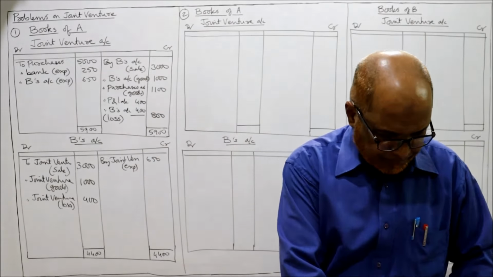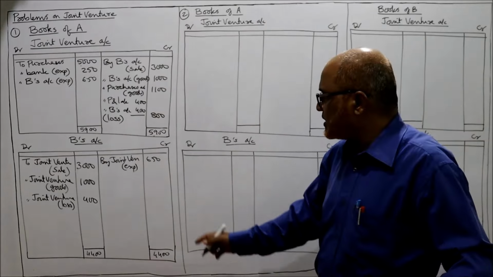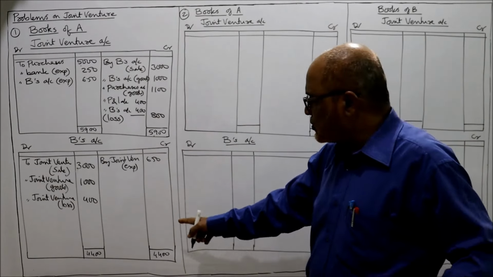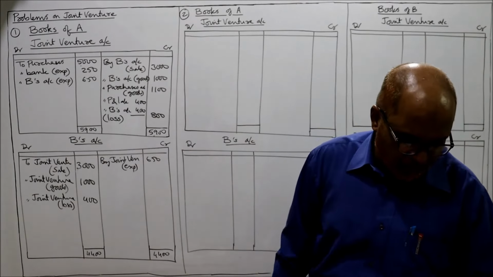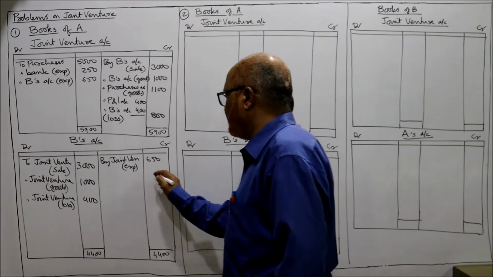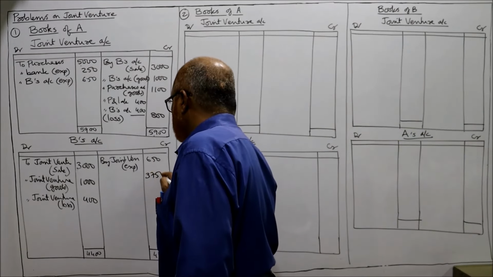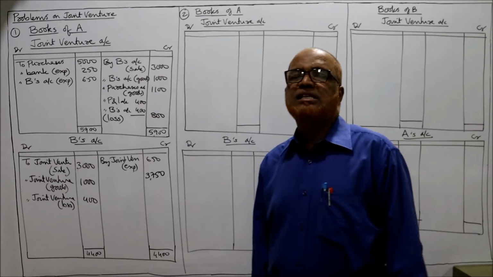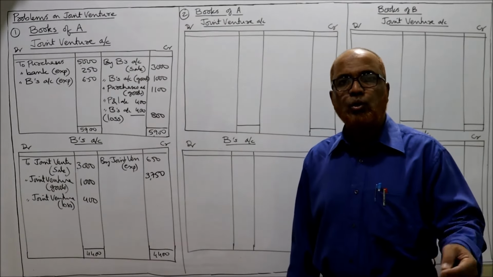Joint venture expenses 650. Correct. So 4,400 minus 650 will get 3,750. So 3,750 is the balance which is receivable from B to A.